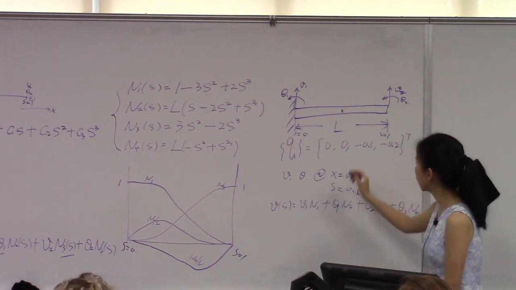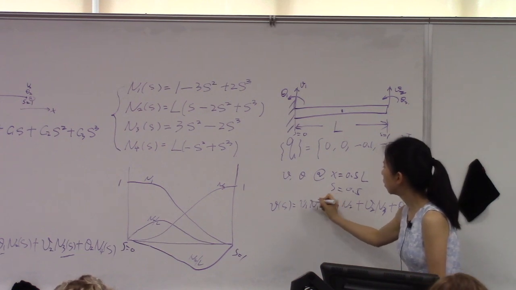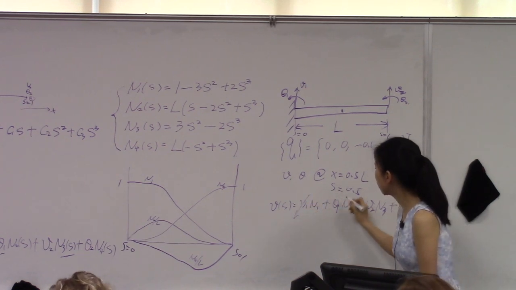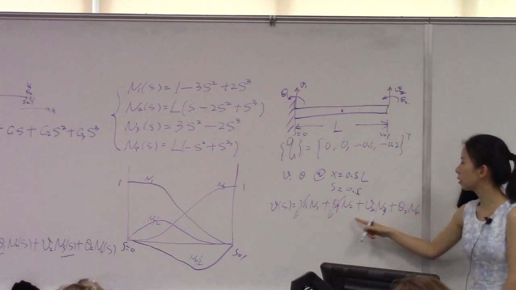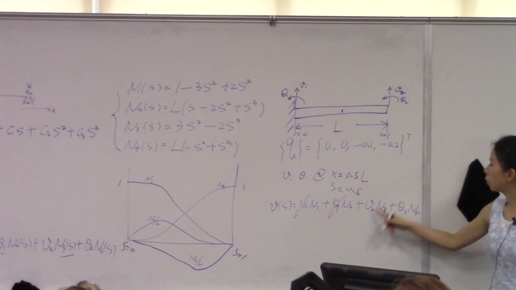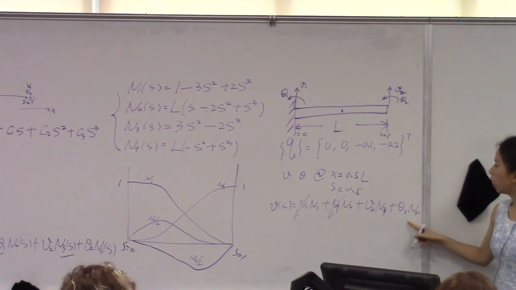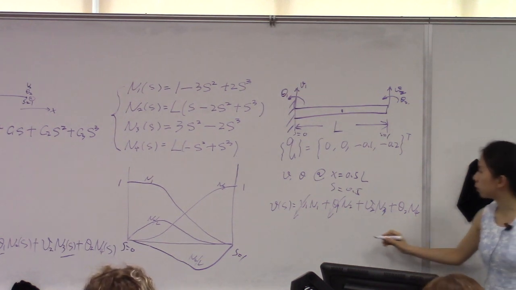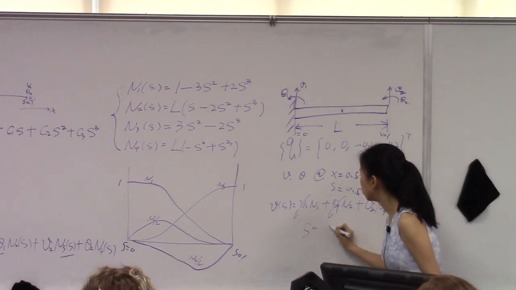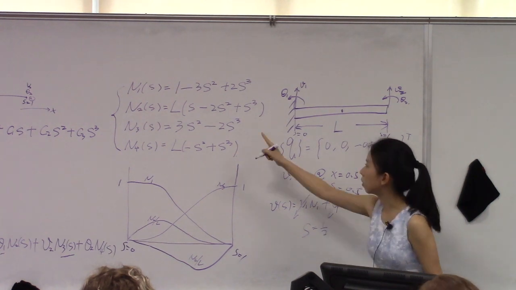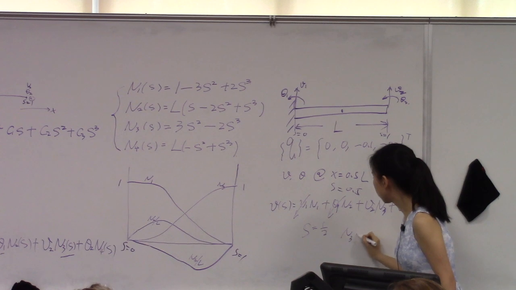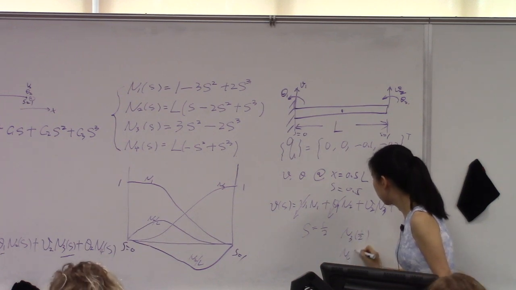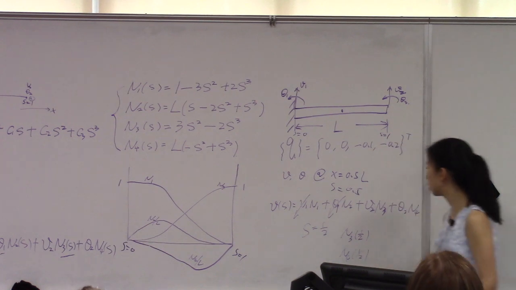But because V1 and theta 1 are 0, we can delete these two parts, and we have V2 and theta 2. For N3 and N4, we put s equal to 1/2 into the shape function, and then we can calculate N3 at half and N4 at half.